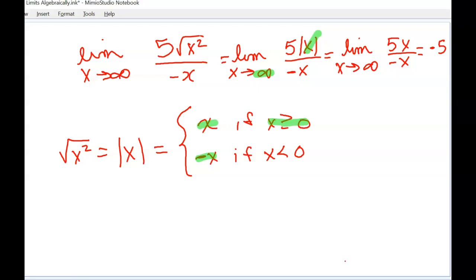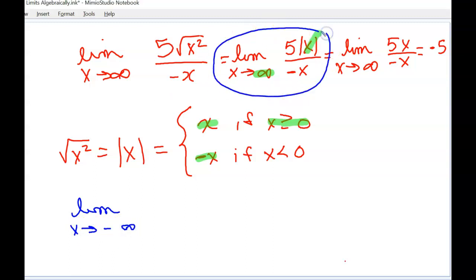Now, if the limit in the question was the same, but the limit was as x goes to negative infinity, everything up until this step would be exactly the same. I would have the limit as x goes to negative infinity of 5 times the absolute value of x divided by negative x. Now, in this case, because x is going to negative infinity, that's less than 0, I'm going to replace the absolute value with negative x.